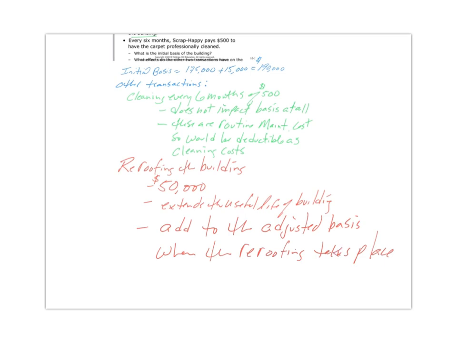Okay? So re-roofing that building is actually going to change the basis then from that period forward. So that will be an additional $50,000 added to the basis. Okay.